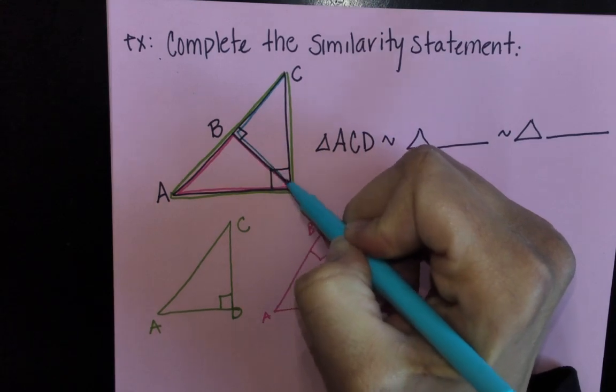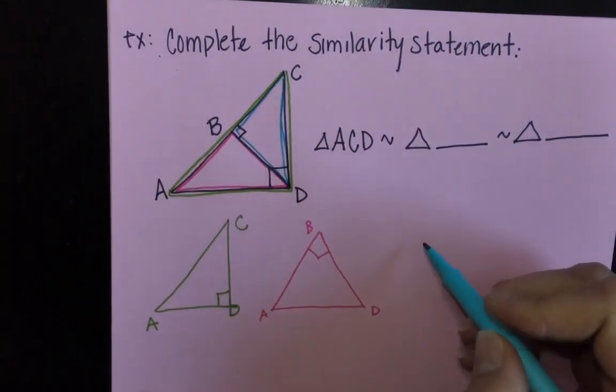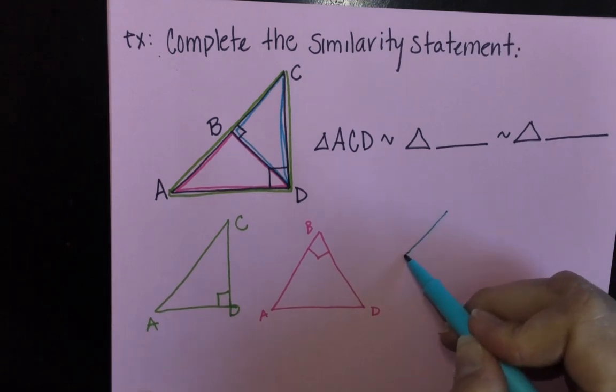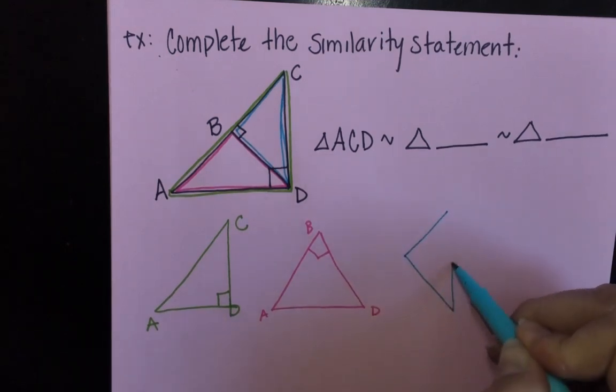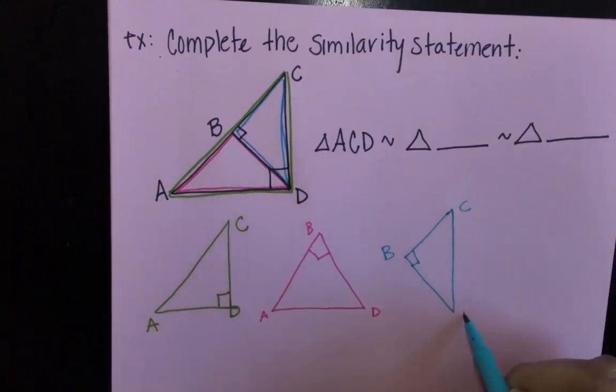I'll look up in a minute, I can see my screen scrolling. And we have B, C, D, up to here. Here's B, C, and D.